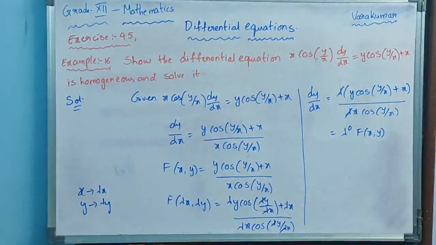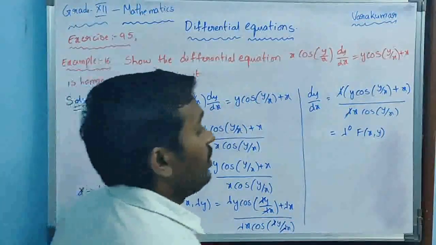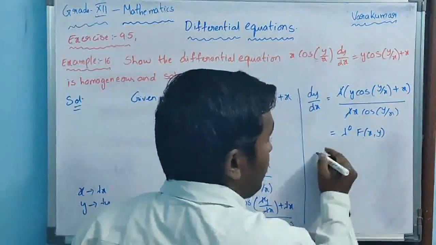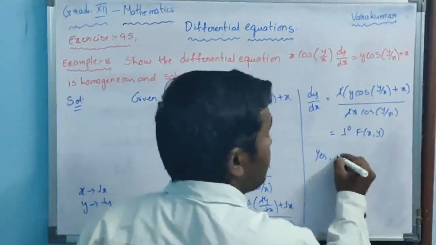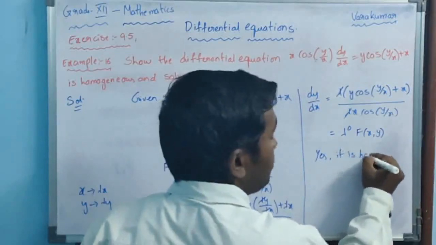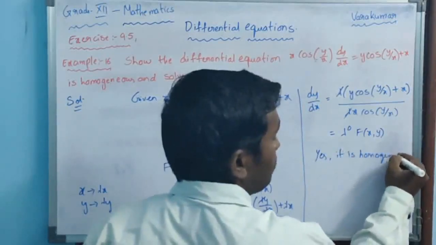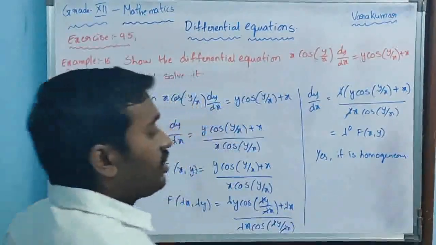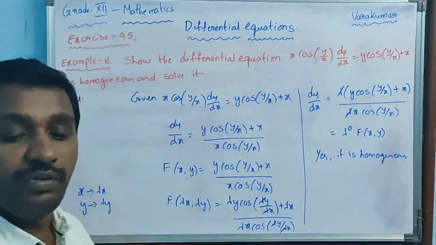There is no λ left over after taking out λ from each term. So, as I clearly said yesterday, it is homogeneous.